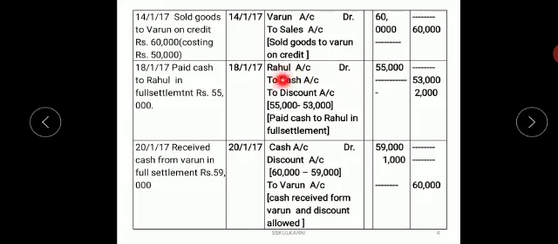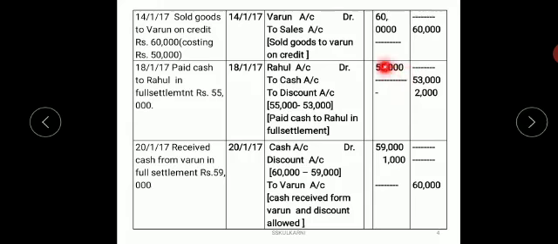So now when I am paying cash, one account is cash, one account is Rahul. So Rahul being a creditor, there is a decrease in the liability. So Rahul's account is debited with 55,000. Next, you are having cash paid. So cash is going to decrease. So cash account is on the credit side because it is a decrease in value of asset, 53,000.